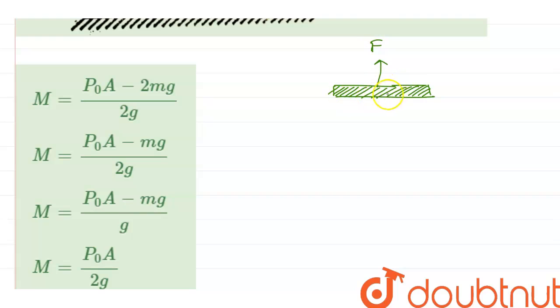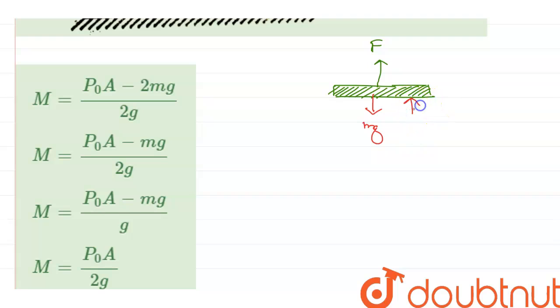So if I do the free body diagram for just this piston, what are the forces acting on it? There is the applied force F that we are applying. There will be its own weight pulling it down, mg.